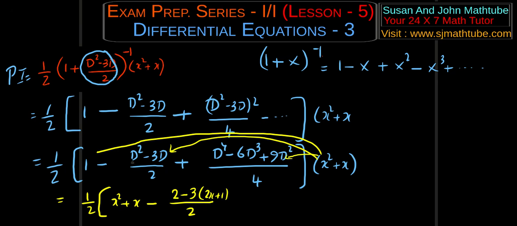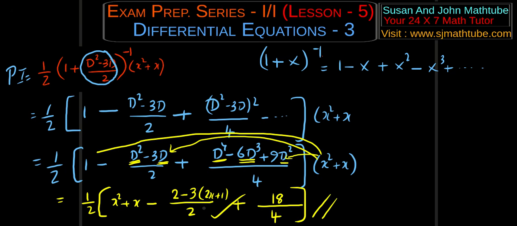I hope you understood. The second derivative is 2 and the first derivative is 2x plus 1. Plus the next term, this is 0, this is 0, so only this much will be there. So 9 into 2, 18. Yeah, that's it. We have our PI. But in your exam, don't leave it as such.